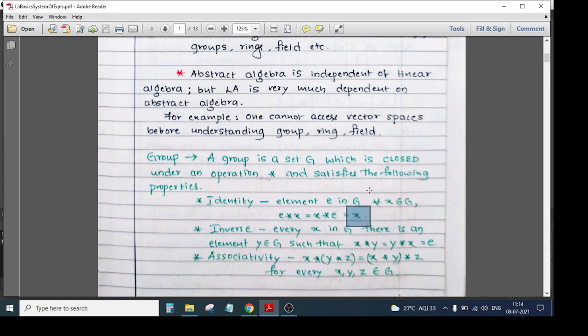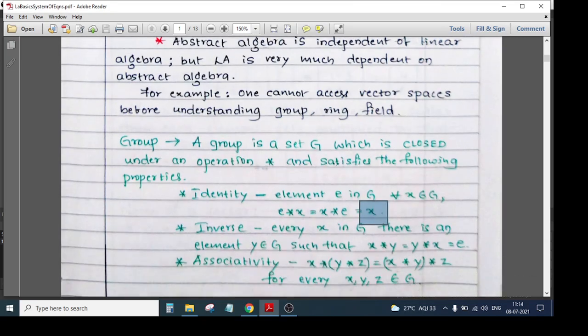Now there are a few conditions to choose this X. This is the condition to choose the X: for all X, that is, if you choose any value of X, then that X should belong to your group. So for all values of X, it should belong to the group G. If this condition is satisfied and this X is multiplied with our element E, then the answer you will be getting back is the variable itself, or the X itself. So this property is called the identity property.